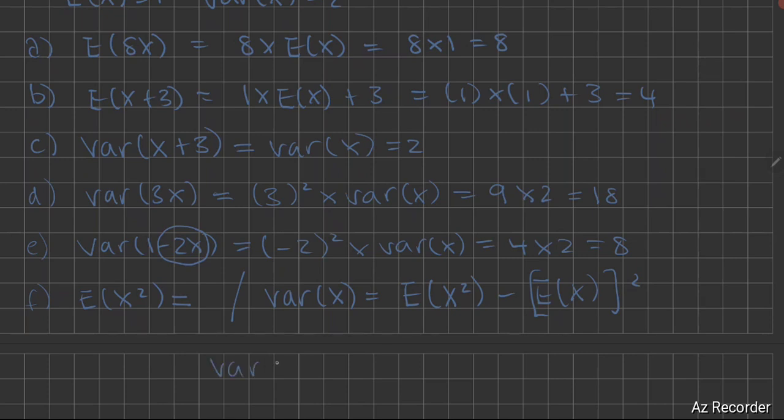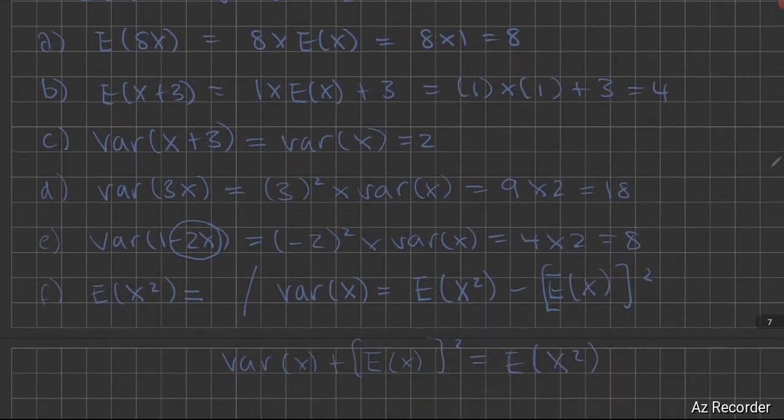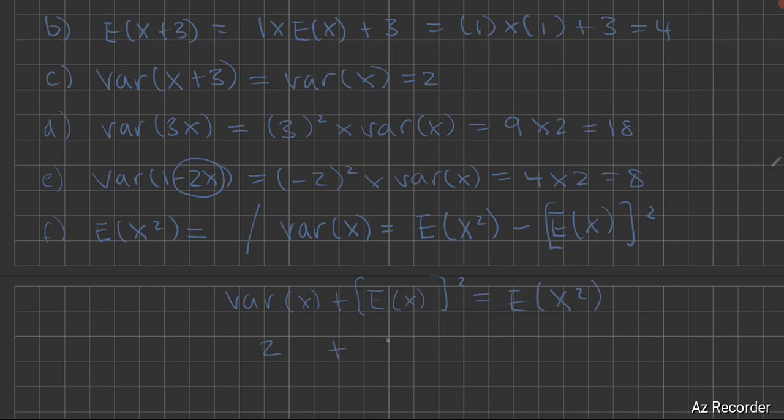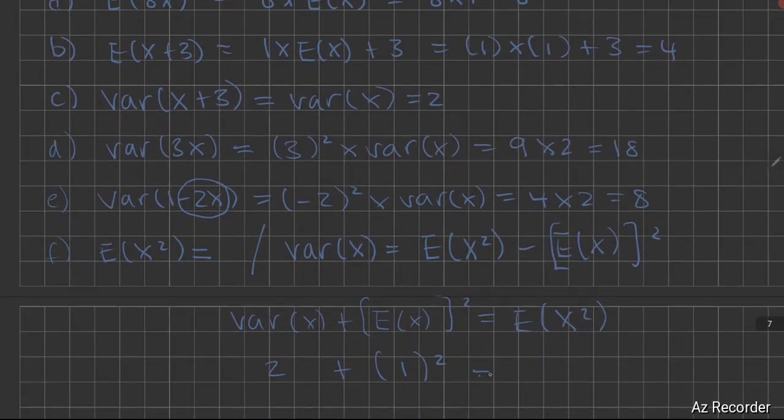Therefore the variance of x add E of x all squared is equal to E of x squared. And so the variance of x given in the question is 2. So 2 plus E of x, which is 1, I believe. Let's just check that. E of x is 1, so E of x squared is equal to 2 add 1, which is 3.